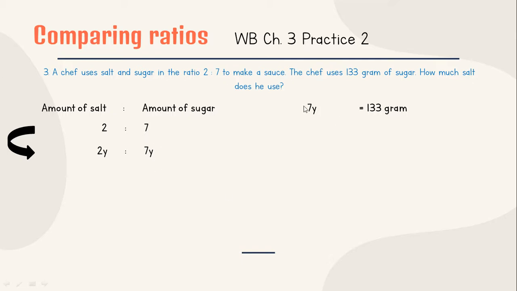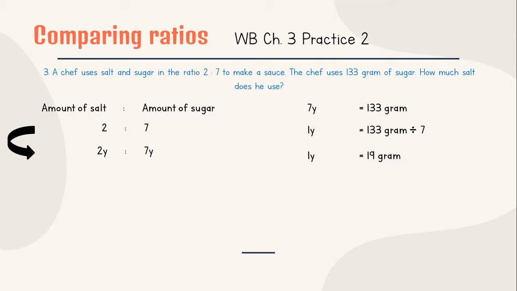We cannot just make 7 equals 133, right? That's why I put another algebra there. 7y equals 133 grams. And if 7y is 133, how about 1y? So 1y is 133 divided by 7 equals 19 grams.